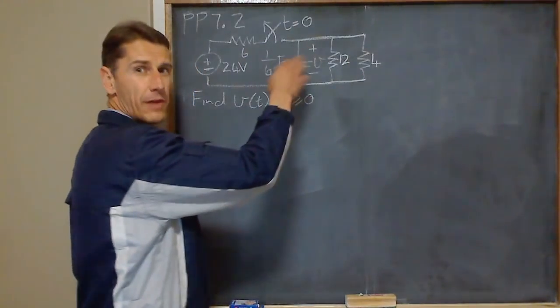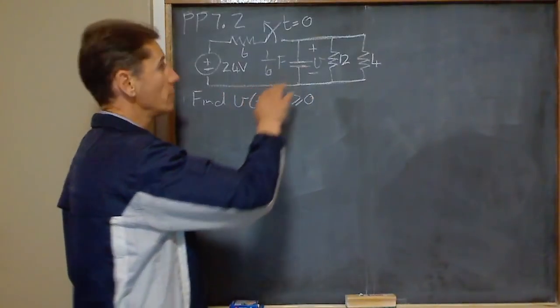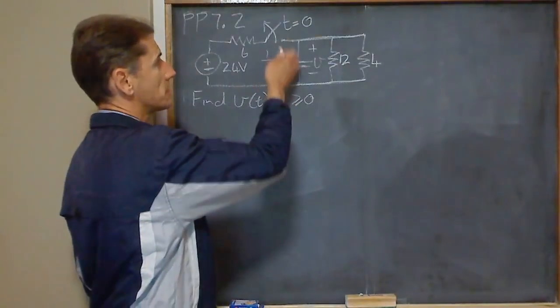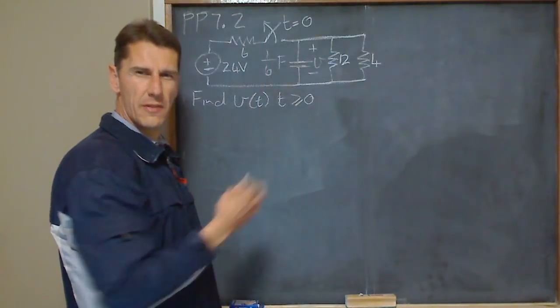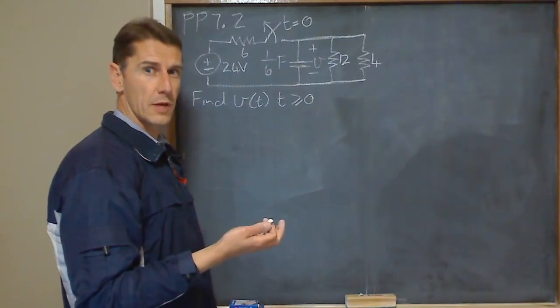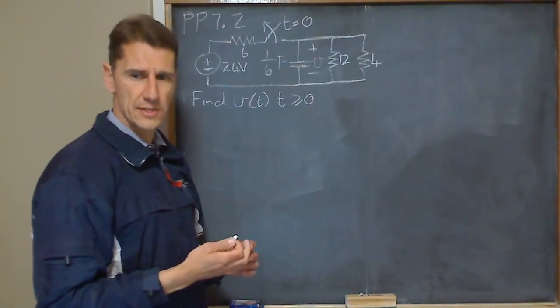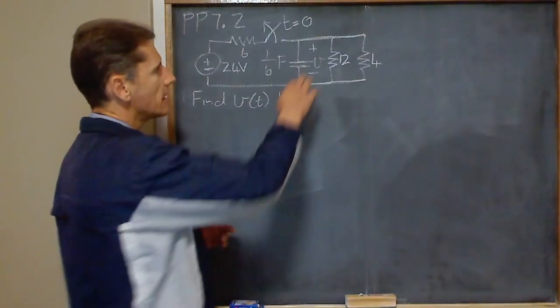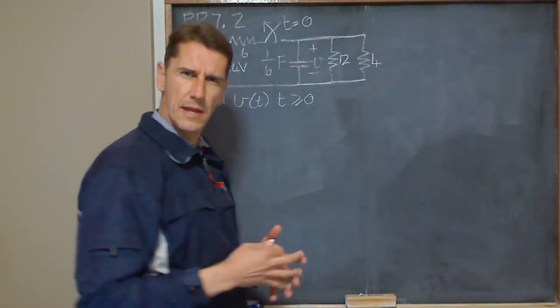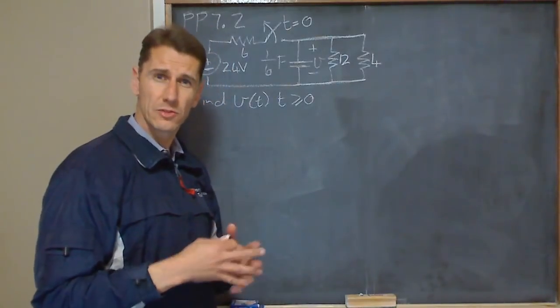So the current is going to flow before time 0. And we always assume in these cases when they tell us that the switch opens at time 0 that it's been closed for a very long time before time 0 so that the circuit can reach a steady state. So it's going to charge up the capacitor. And then what does a capacitor become again after a very, very long time?